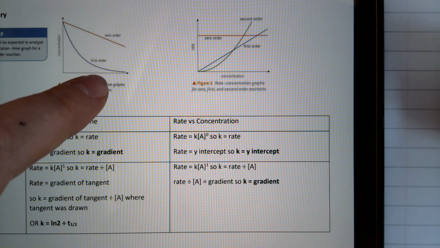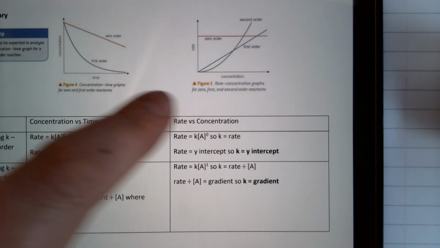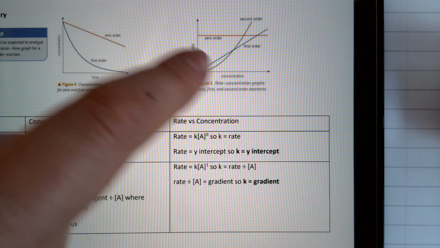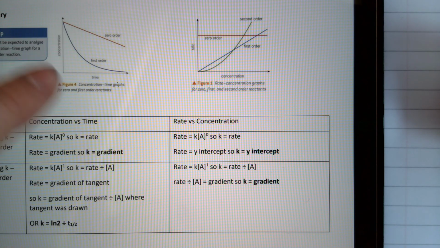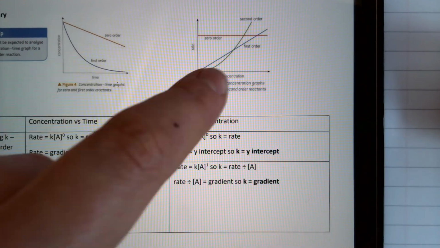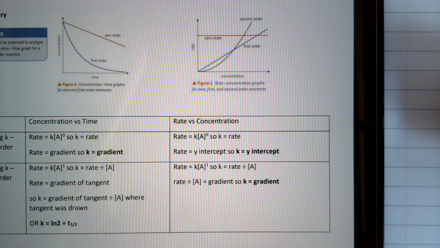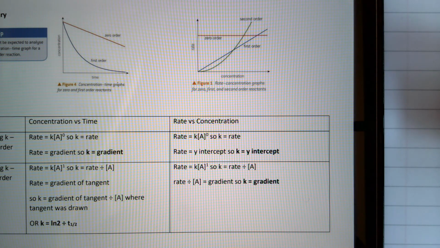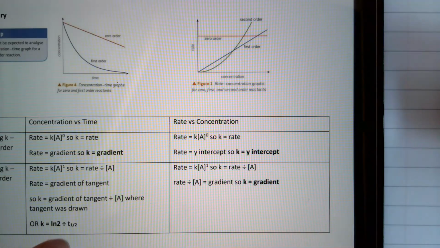Again, you don't need to be able to draw a second order on concentration-time. And then here's your rate-concentration, so very different shapes. So you need to look at the axes, see what type of graph you have before you dive in and predict the order. You also need to know how to calculate rate, and you need to know how to calculate k, regardless of which graph you are given, which is also summarized for you here.